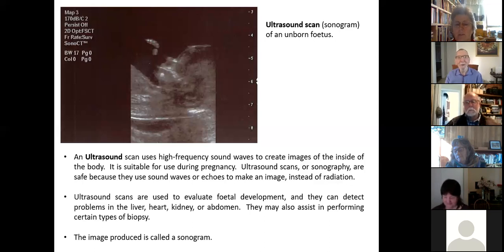It must actually be very difficult for doctors to decide which particular style of imaging they want for what they diagnose as a possible problem. Oh yes, absolutely, and it will depend largely on what tissues you want to examine.